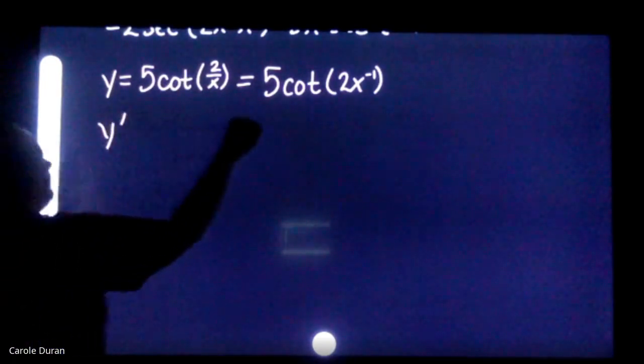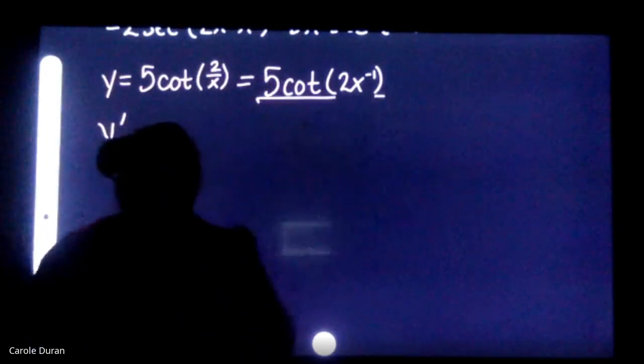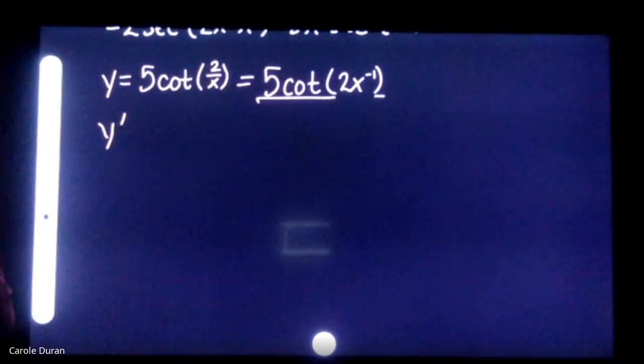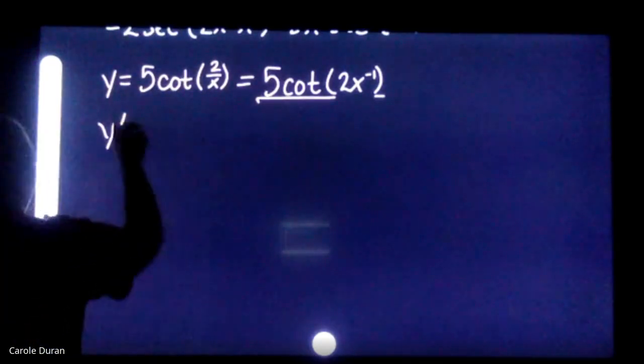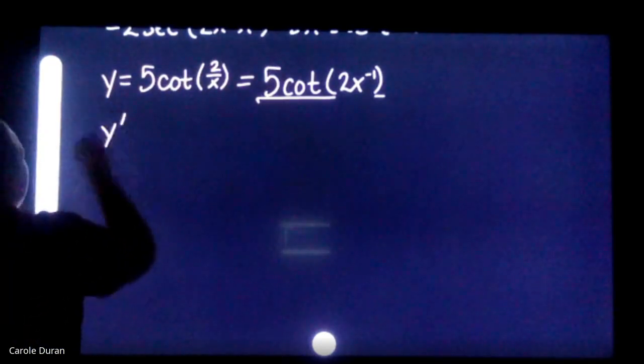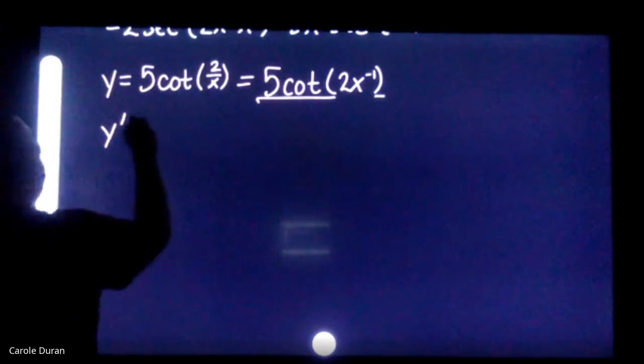So when I take the derivative of the outside first, what's the derivative of 5 cotangent? Is it -5 cosecant squared? Yes, -5 cosecant squared, because the derivative of cotangent is negative cosecant squared, and the 5 has to stay with it.